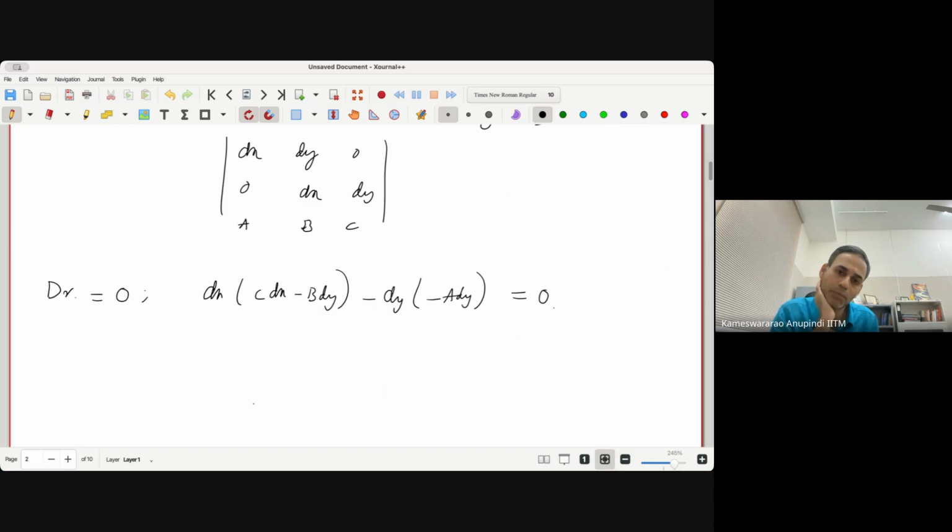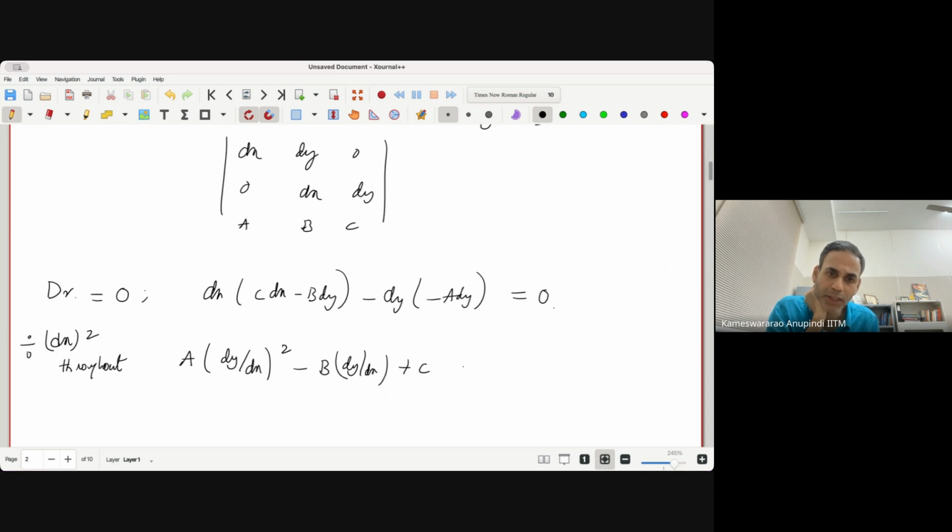Then I'm going to divide throughout with dx square. I'm going to get a times dy by dx squared, and then minus b times dy by dx, and then we get plus c times dx square by dx square, so that is equal to 0.